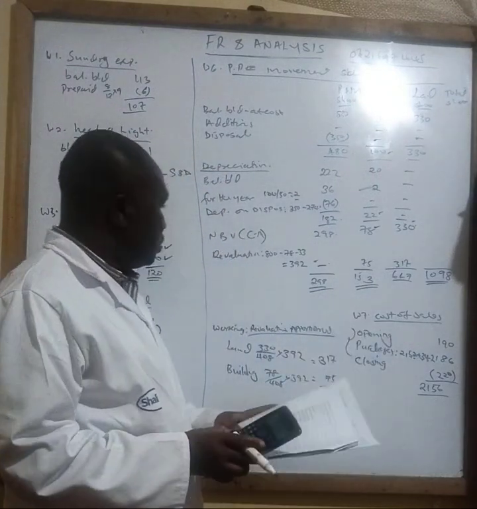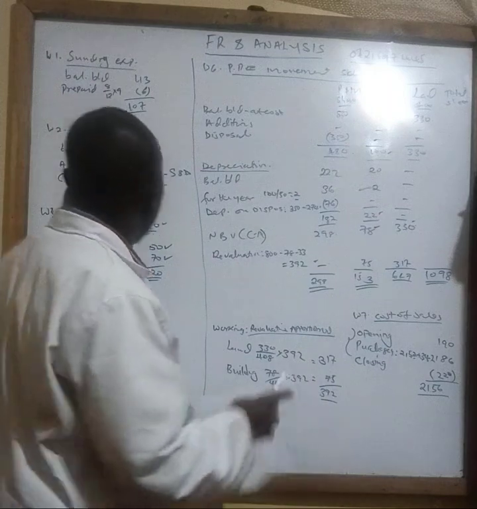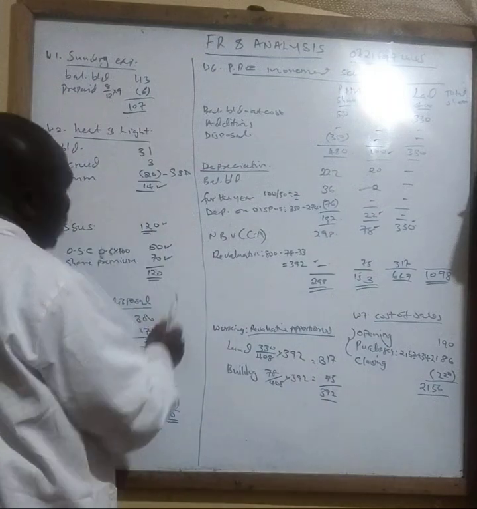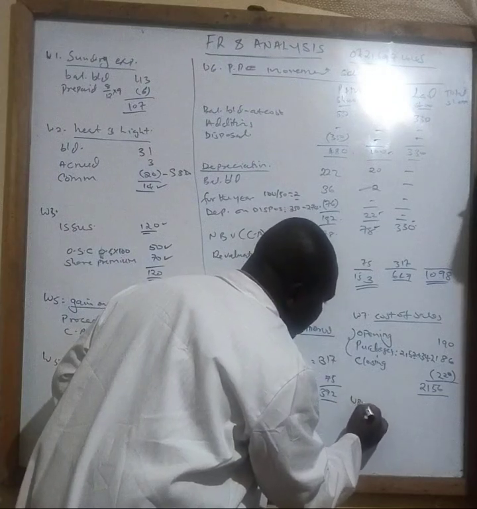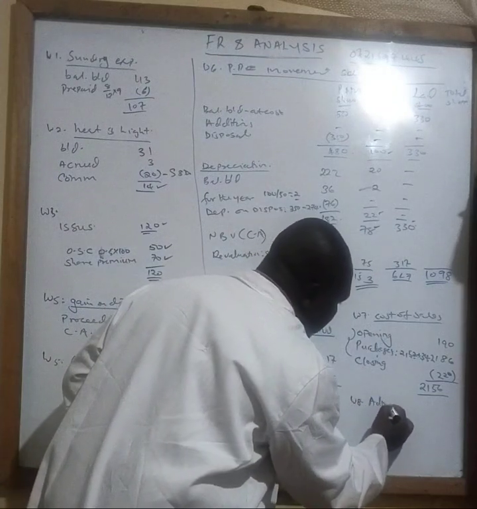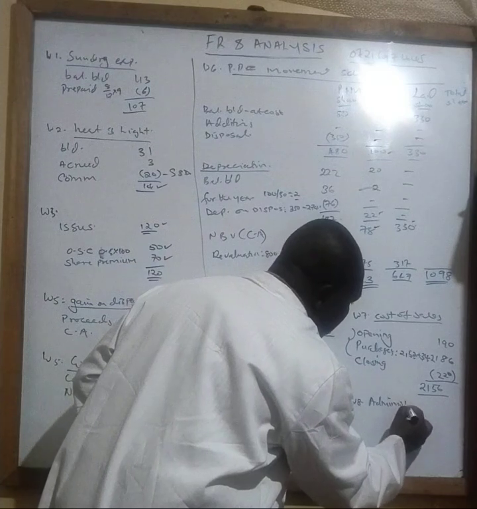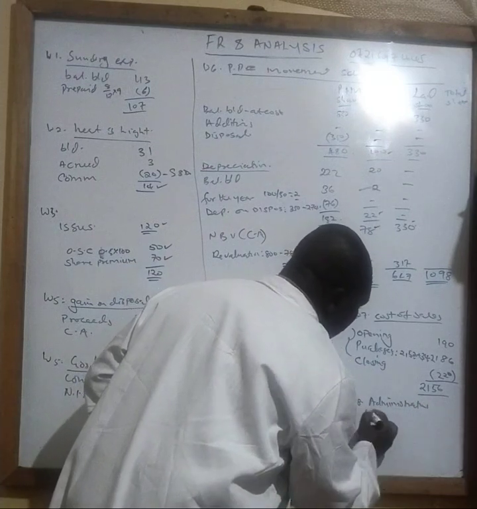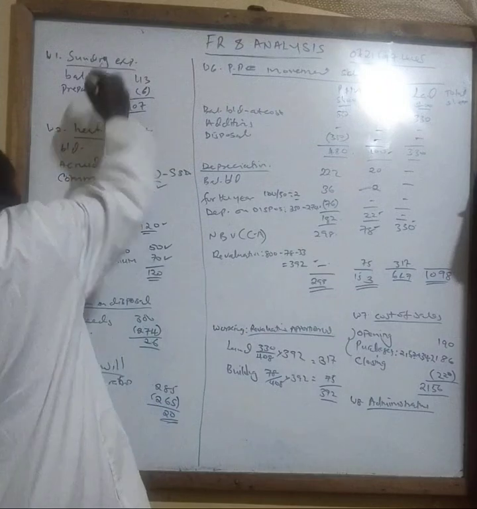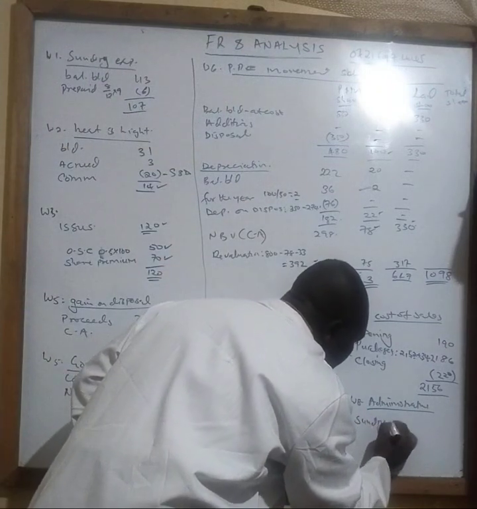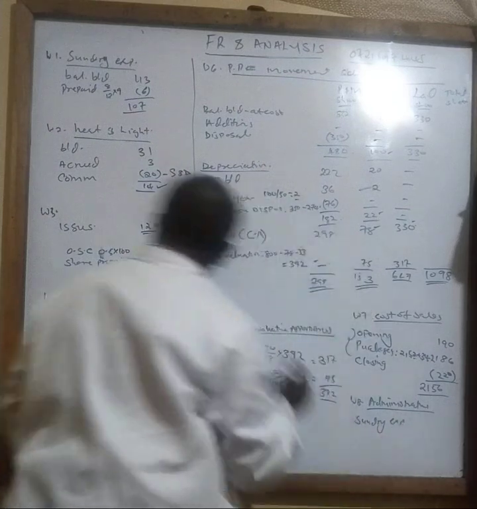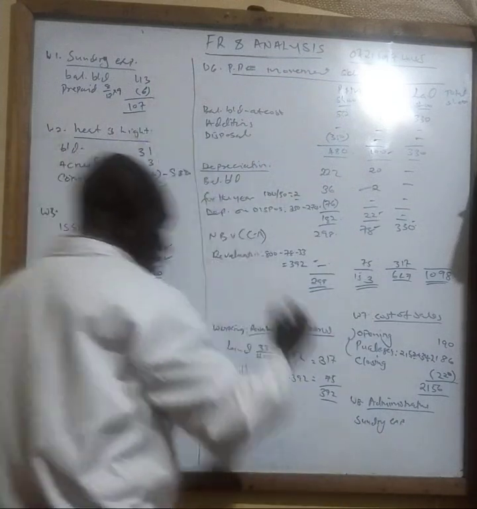Then we go to administrative expenses. So allow me to work this out. Working number 8, administrative. One of it was sundry expenses. How much is sundry expenses? 107.